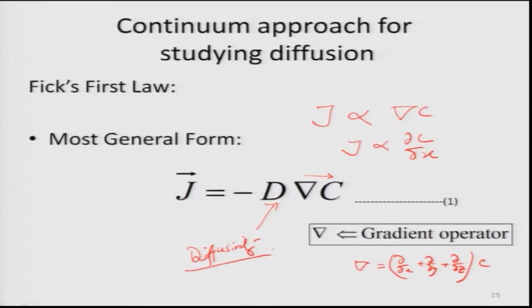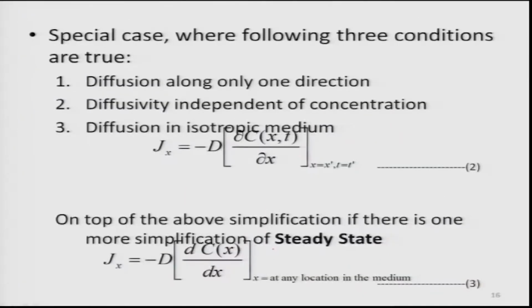More will come when you discuss the other laws. When D is constant in an isotropic medium, we can write Jx is minus D del C by del x at some time and some space. That simplifies our life because we can use a one-dimensional format of the equations.